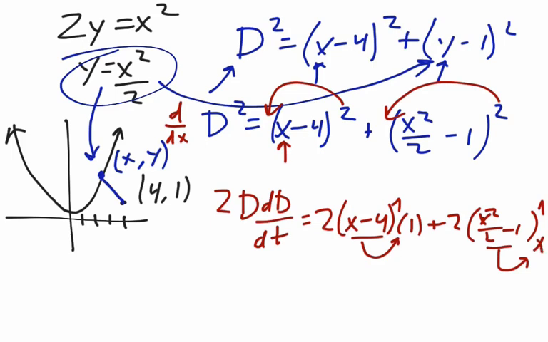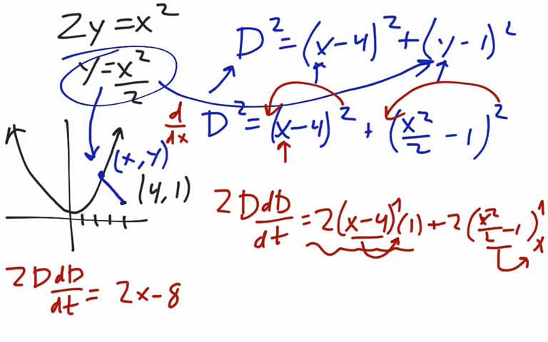Excellent. Let's go ahead and simplify the right-hand side of the equation. So we have 2d dd/dx equals, if I distribute all of that, I just get 2x − 8. And if I distribute all of this, I'll get plus, well, I have 2 and x times x²/2 is going to be x³.